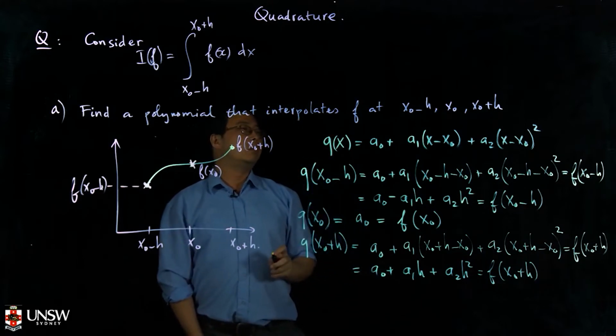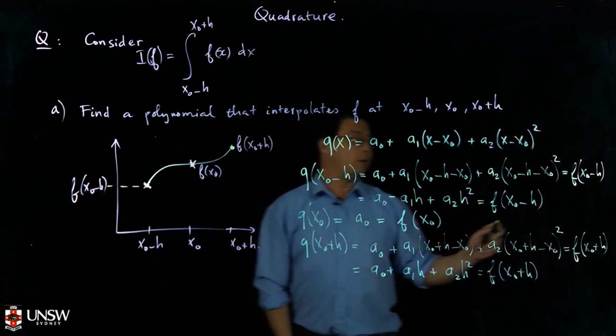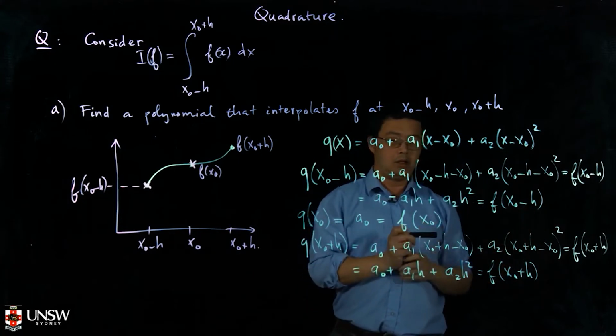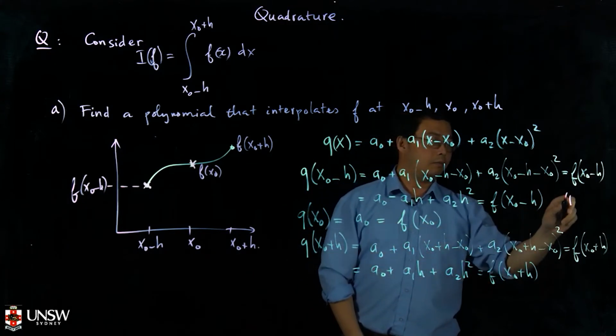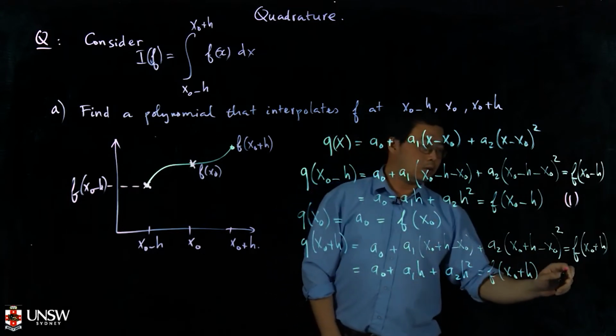Now maybe I label this one equation 1, and this one equation 2.